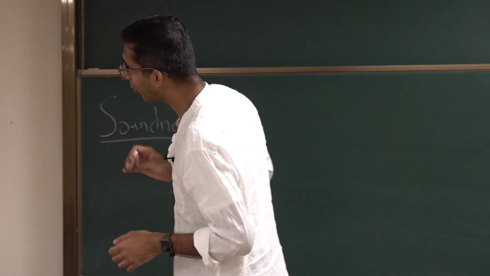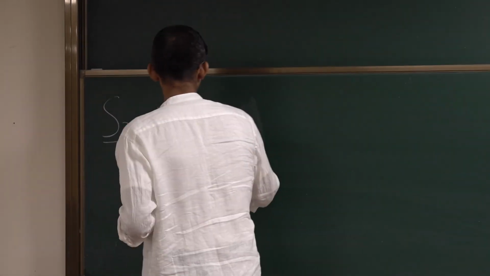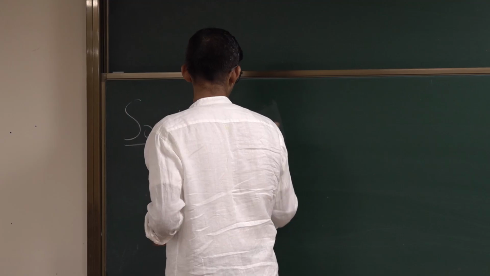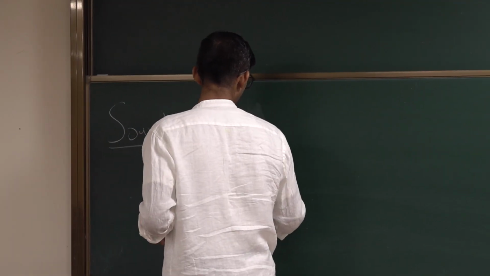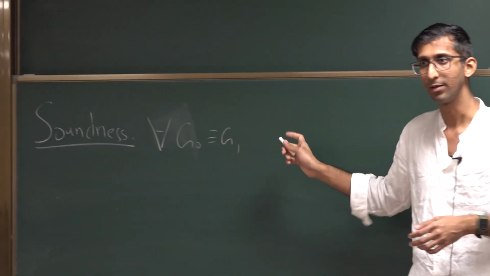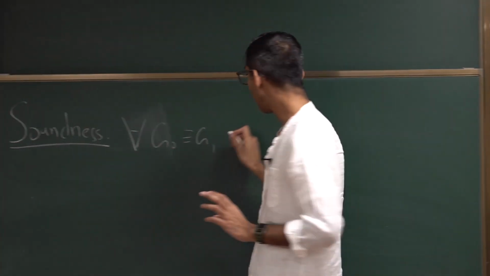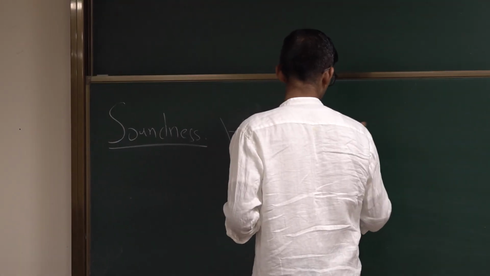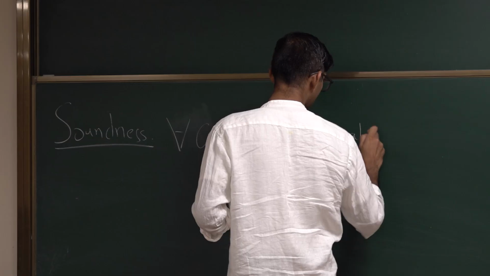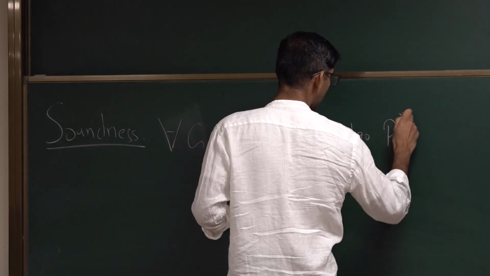And to capture that, I'm going to say that for any G0 and G1 that are isomorphic, and for any possible prover algorithm that I will refer to as P star.